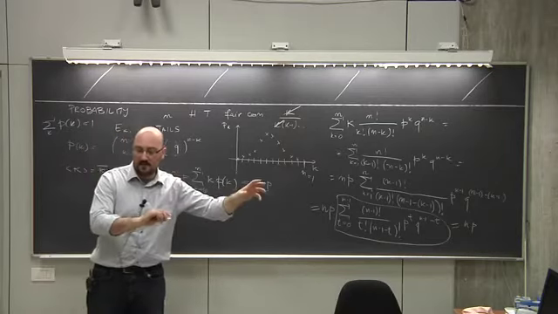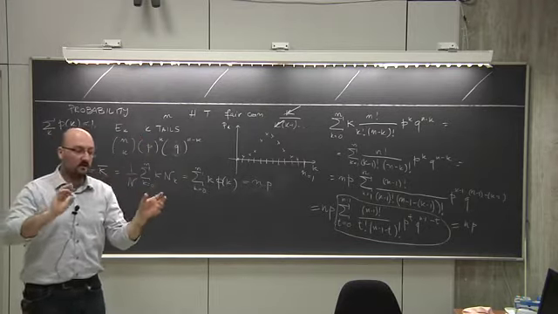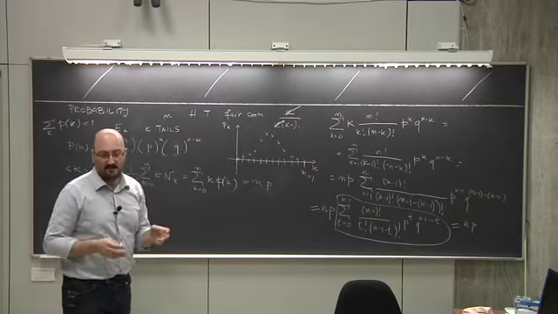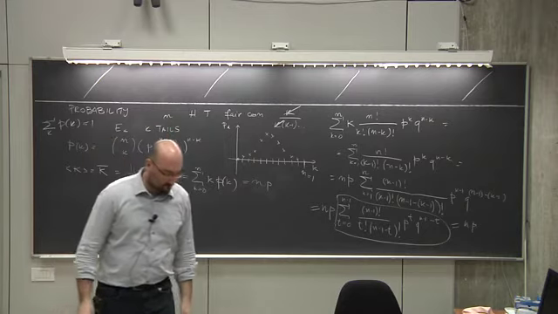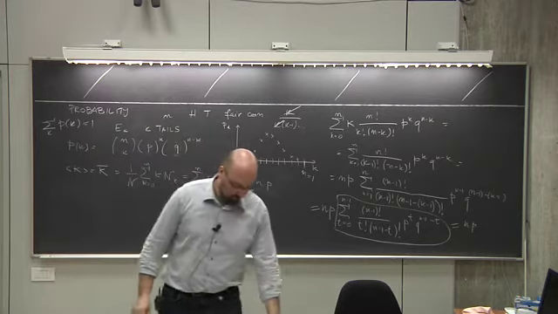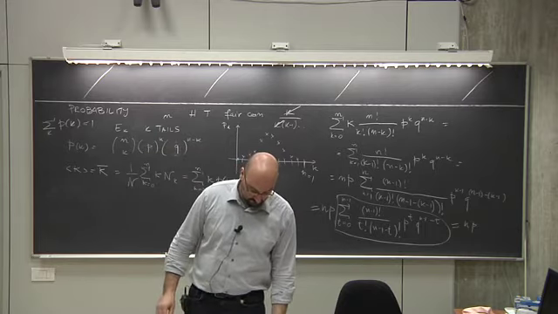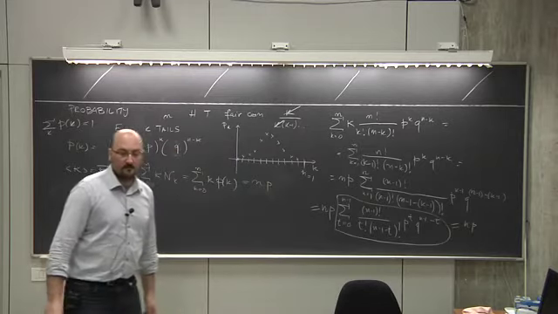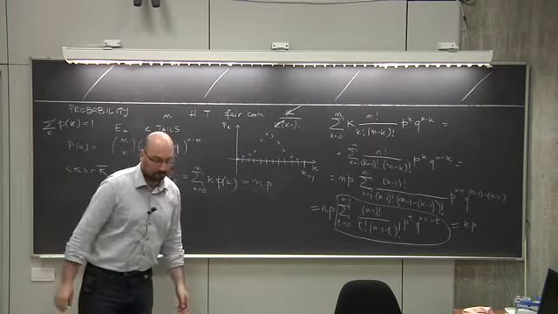Pull out some k, pull out an n, write n minus 1 factorial, k factorial, and so forth. So it's a very universal trick. It's not that I like to do this calculation on the blackboard. Okay, so the average of k is equal to n times p.